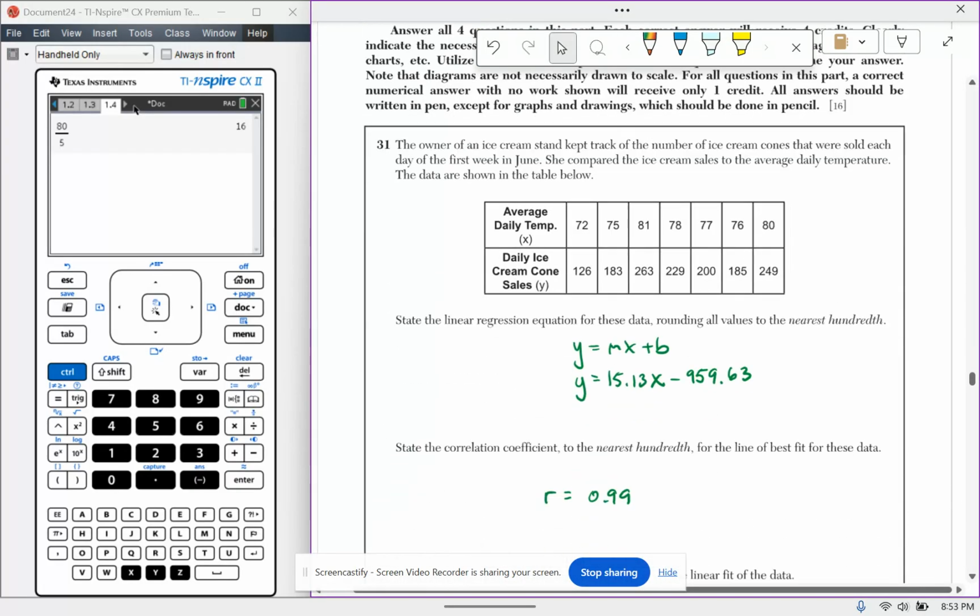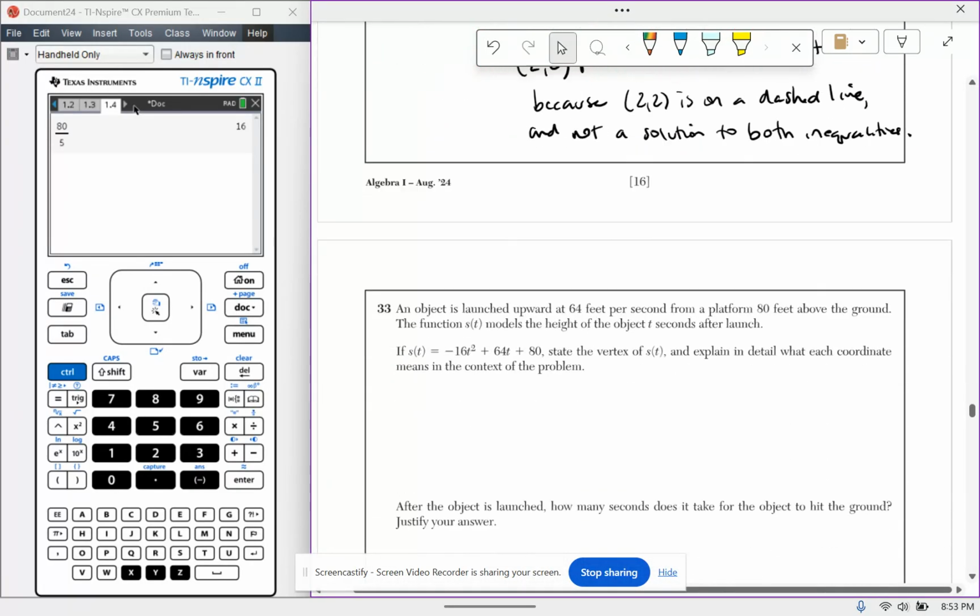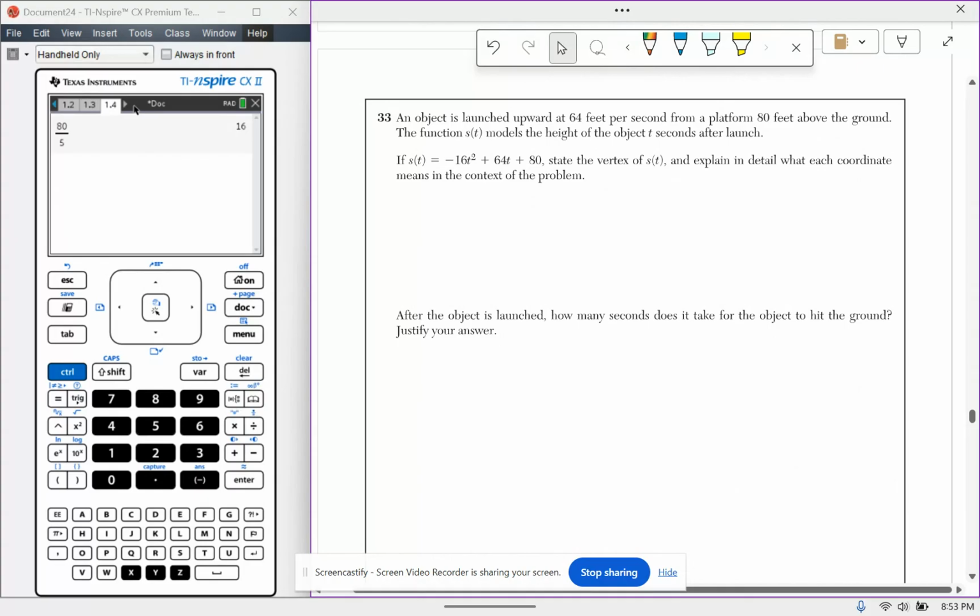Okay, 33. An object is launched upward at 64 feet per second from a platform 80 feet above the ground. The function s of t models the height of the object t seconds after launch.